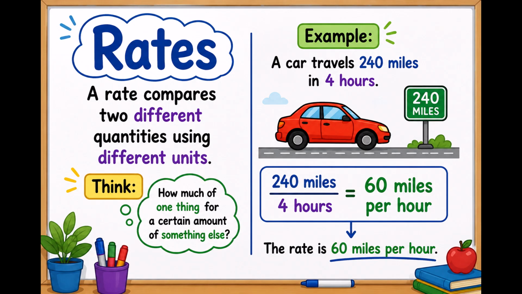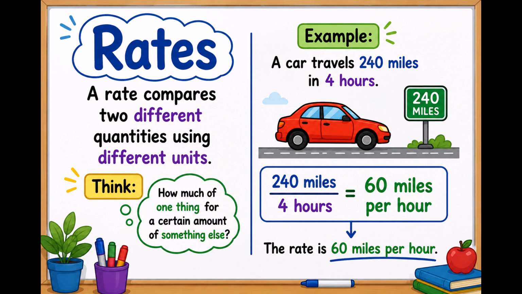So let's remember, a rate compares two quantities with different units. A unit rate compares a quantity to one unit. To find a unit rate, divide the total number by the number of units. 240 miles divided by 4 hours gave me 60 miles per hour.